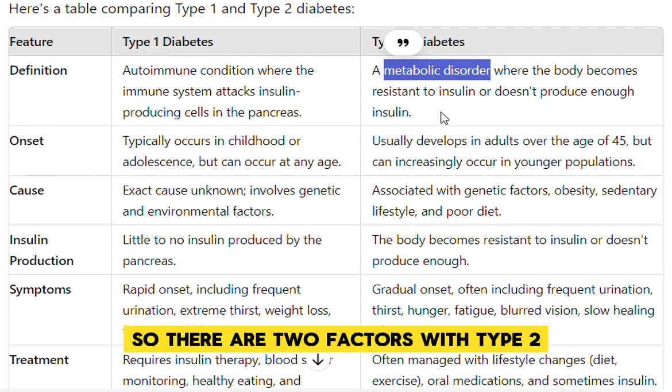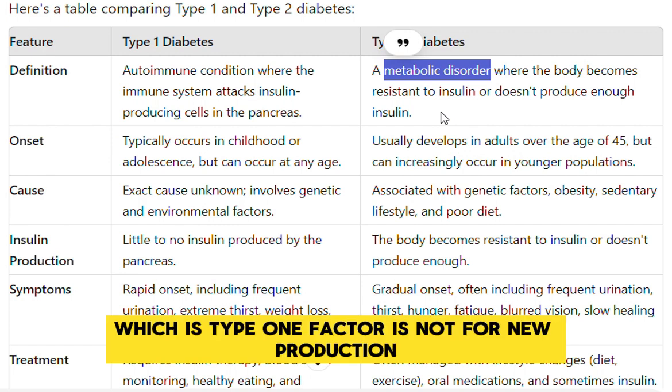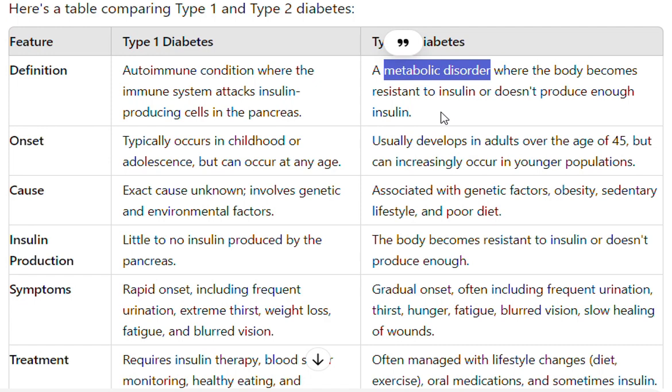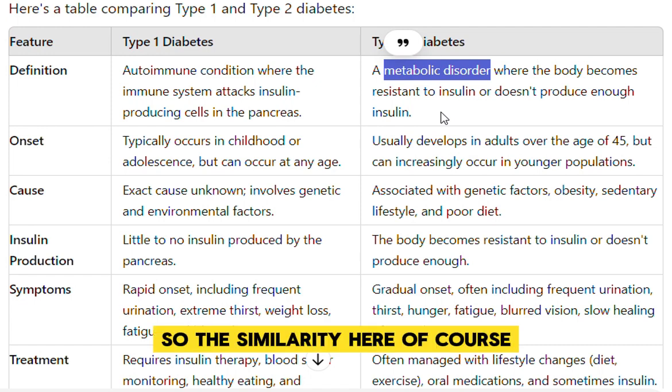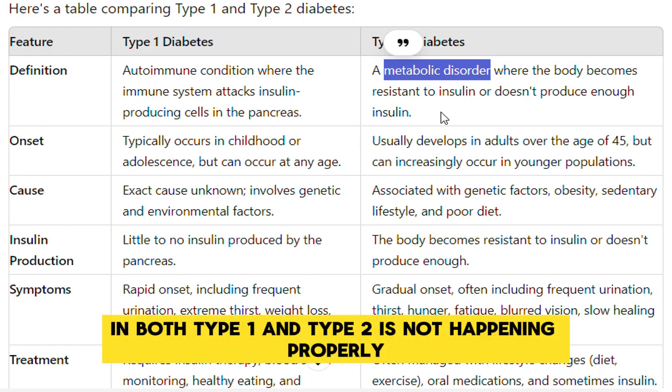So there are two factors with type 2, and with type 1 we have mainly one factor, which is no production. So the similarity, of course, is that production in both type 1 and type 2 is not happening properly.